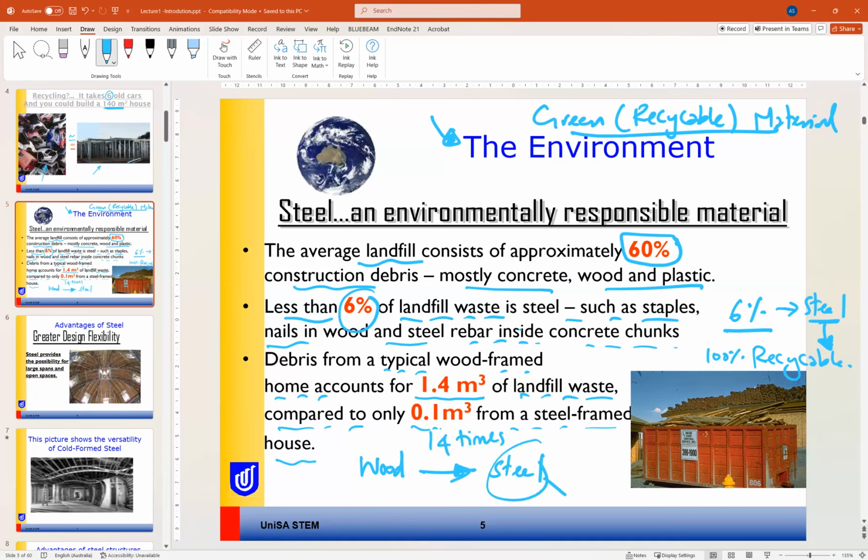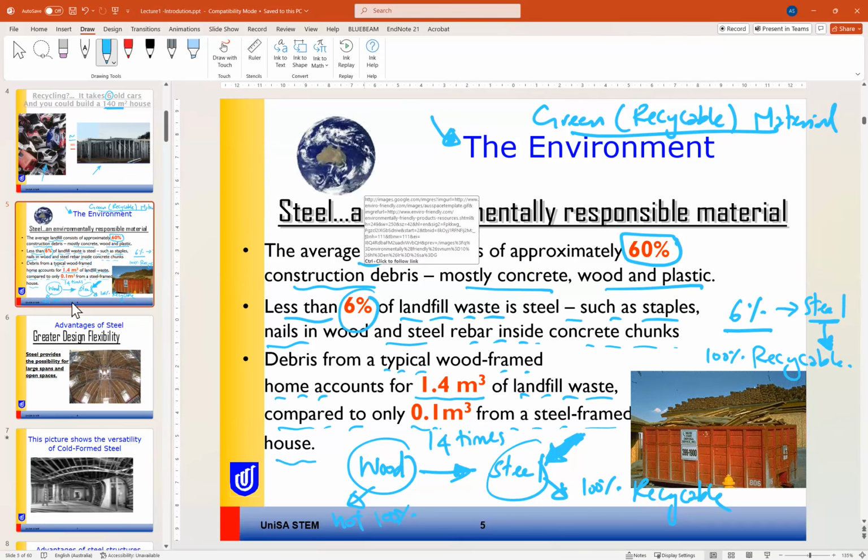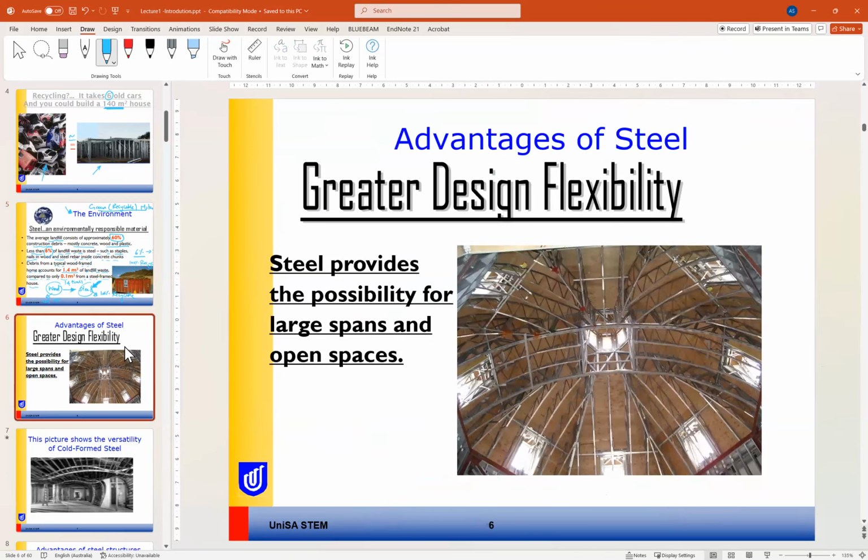Okay, and the steel is 100% recyclable. However, the wood is not 100% recyclable. So this gives a big advantage to steel again regarding the environmental effect. So these are all the advantages of steel from the environmental view.